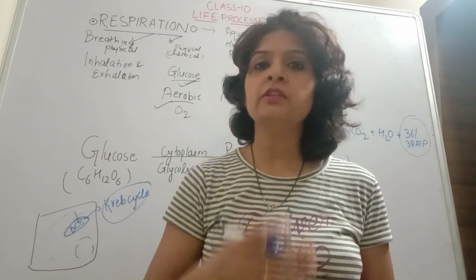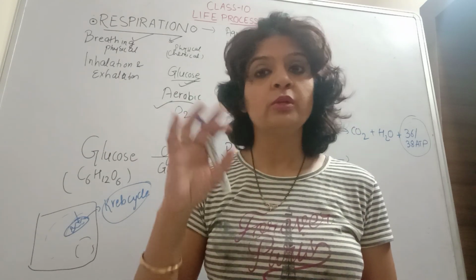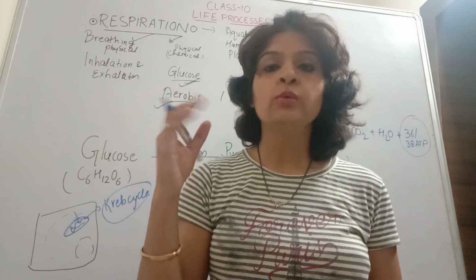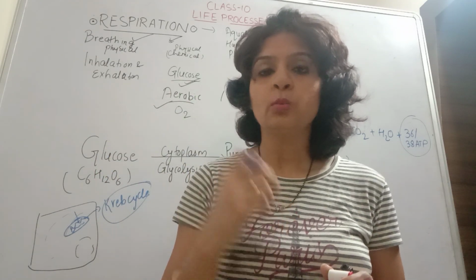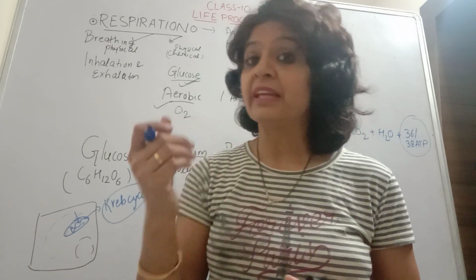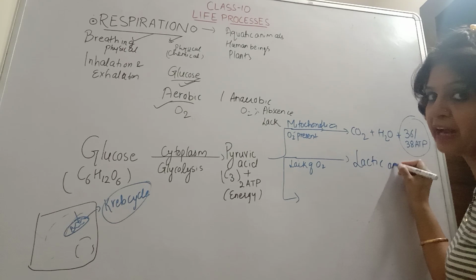But after that, when you have completed the 10 rounds, what will happen? When you go back to your home, you will start feeling cramps in your legs. Now, why does that cramp occur? That cramp occurred because of the formation of lactic acid.